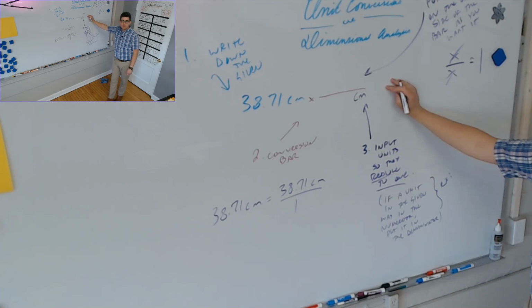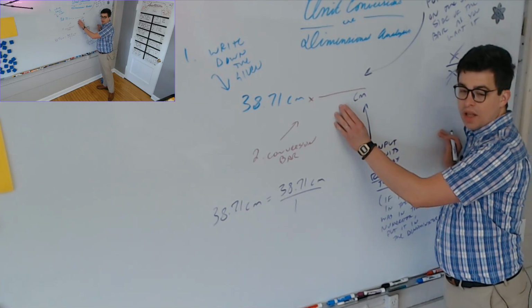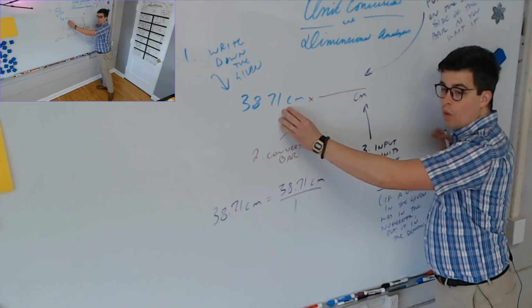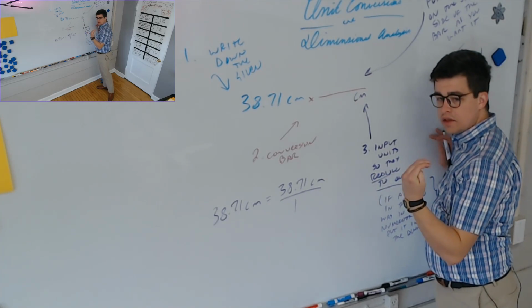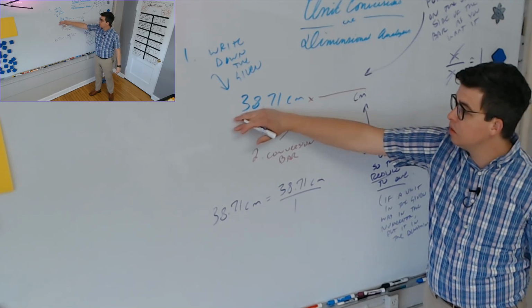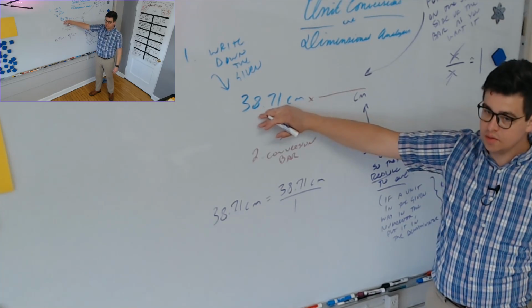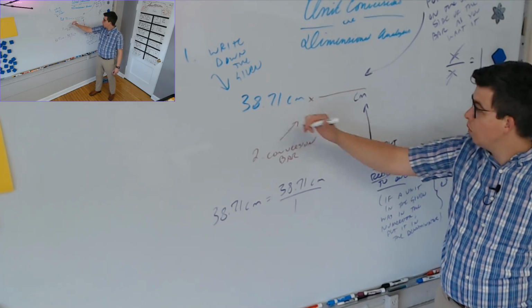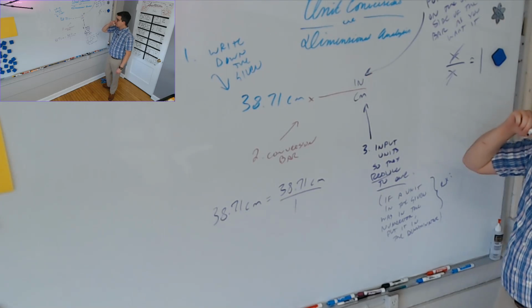So where I want my new unit, remember I want to find it in inches, I want my new unit to be in the same place that I eventually want it to be. So do I want my new unit to be in the numerator or the denominator? The numerator, because when I just have a regular old number without a fraction bar or anything, that's the numerator. So I want inches in the numerator.